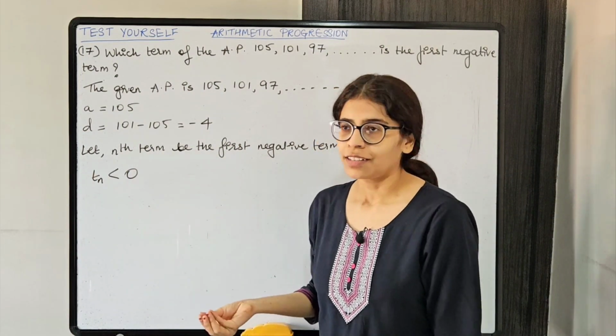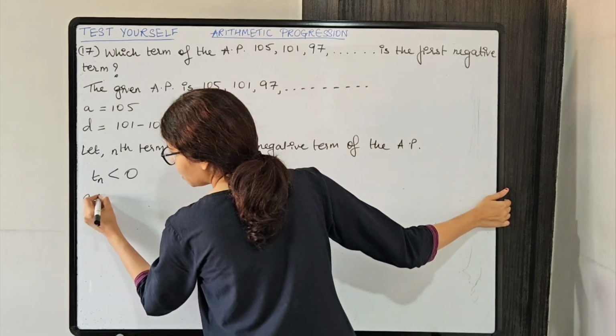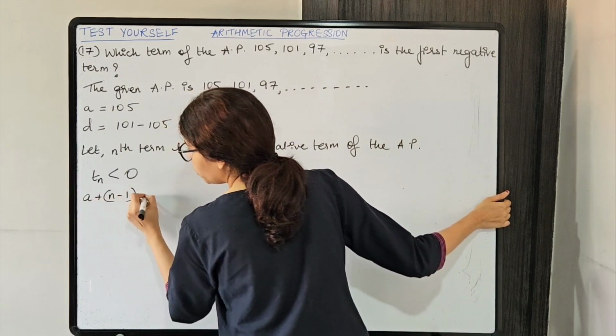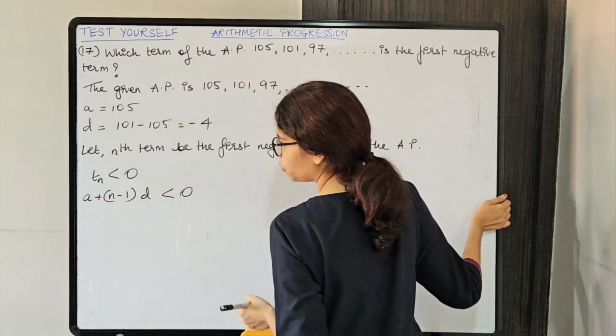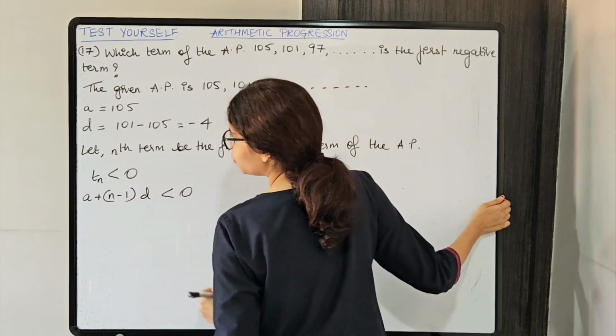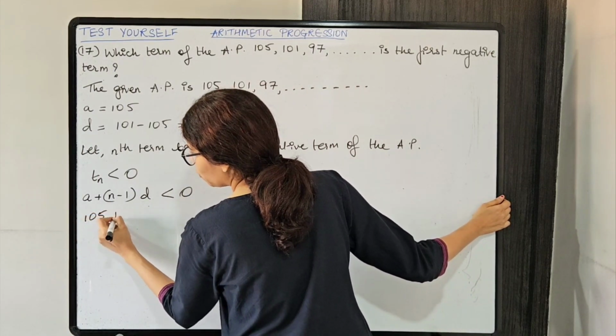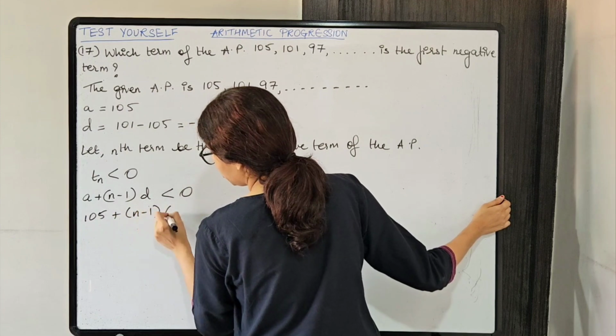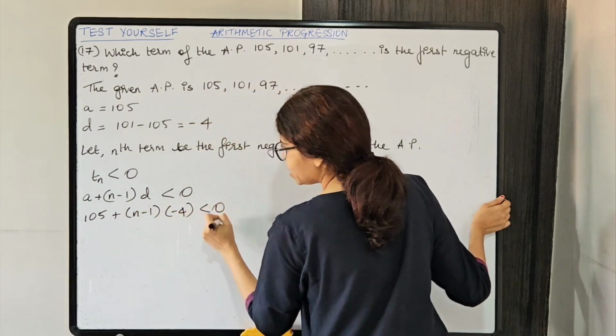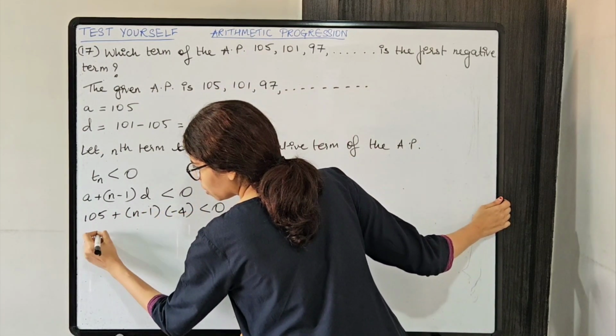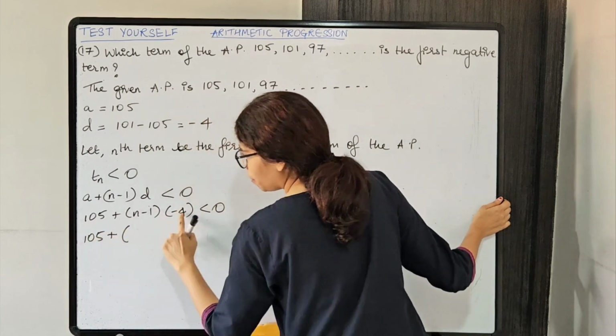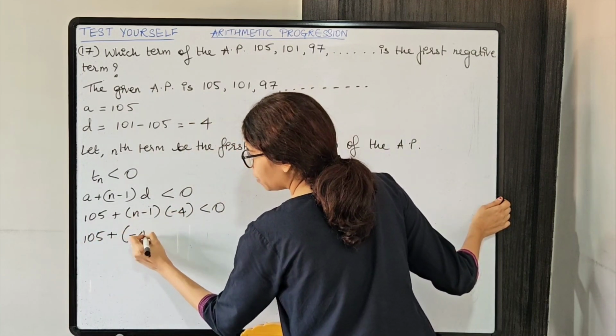What is the formula for Tn? A plus n minus 1 the whole into d less than 0. Okay. Let's put the values of A and d. 105 plus n minus 1 into minus 4 less than 0. 105 plus minus 4 into n minus 4n.